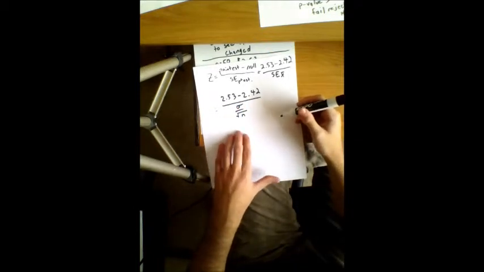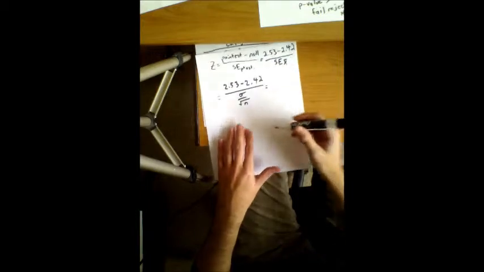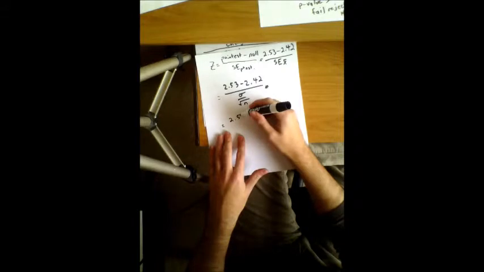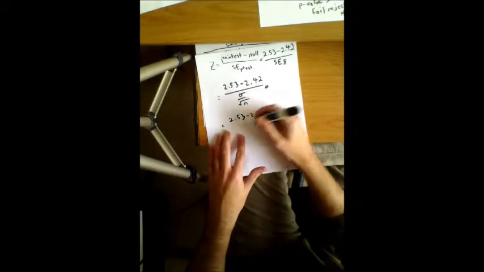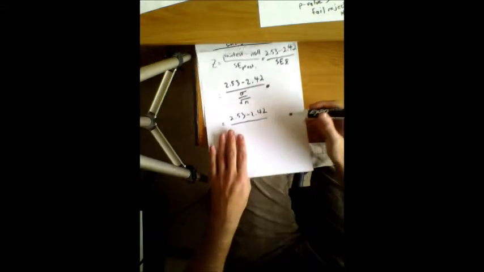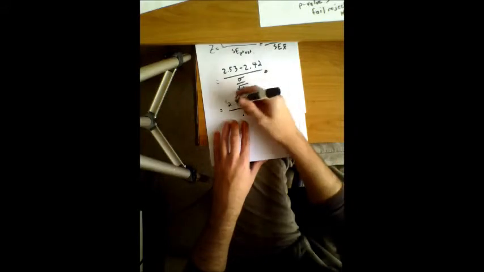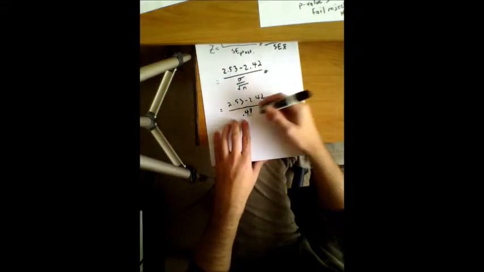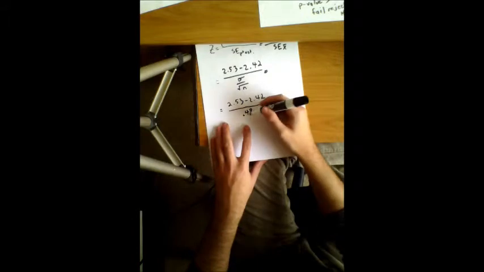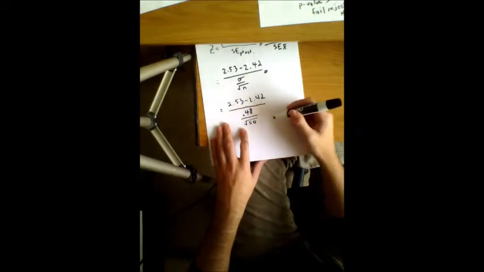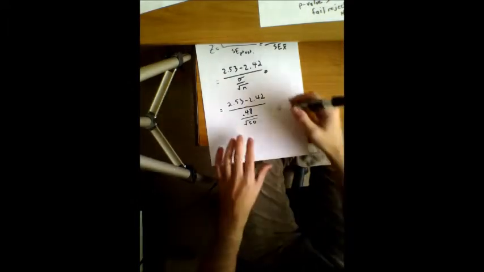Okay, so let's go ahead and fill that in. We have all the information. It's going to be 2.53 minus 2.42, all divided by, we had 48 cents as our standard deviation. So 0.48, we're talking about dollars here, so it makes sense to change the cents to dollars. And divided by, we had 50, so over the square root of 50. Let's compute these things.